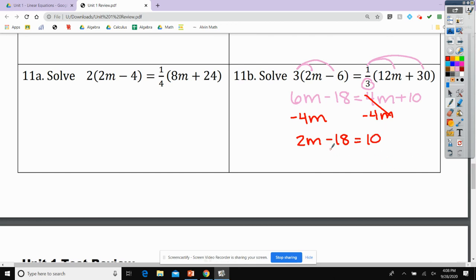Then I need to add or subtract, so plus 18 to both sides, which gives me 2m equals 28. Divide by 2, we get m equals 14. So that is all the B problems of the review.